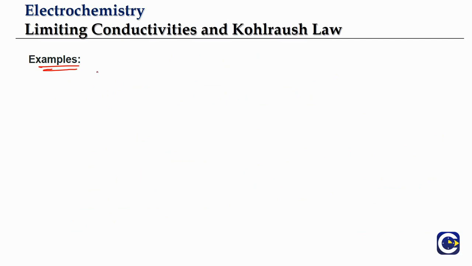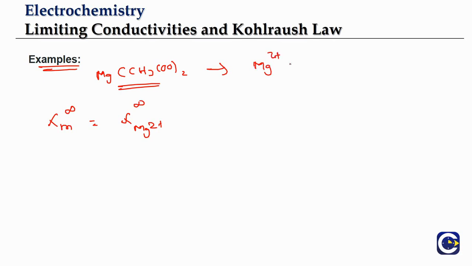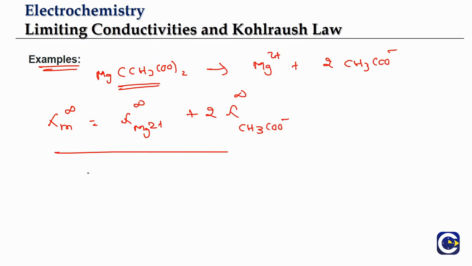If we have, for example, magnesium acetate, for this salt the lambda m infinity, the limiting molar conductivity, will be: when this is dissociating, we will get magnesium ions and 2 acetate ions. So the limiting molar conductivity of magnesium ions plus 2 times the limiting molar conductivity of the acetate ions.